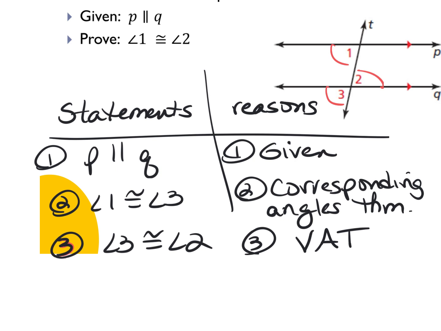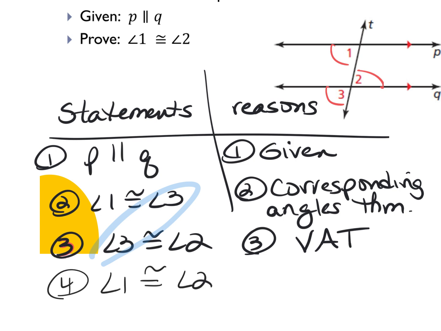Because we use this so much, this is the acronym I use, VAT. Otherwise, you're going to write out the words, vertical angles congruence theorem. And now, since I have both 1 and 2 congruent to the same angle 3, I can use my transitive property, and I can state that angle 1 is congruent to angle 2, and the reason is transitive.